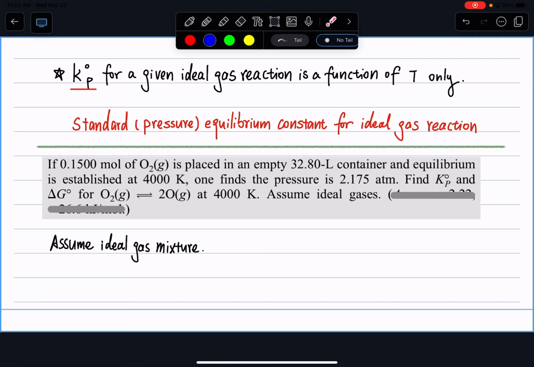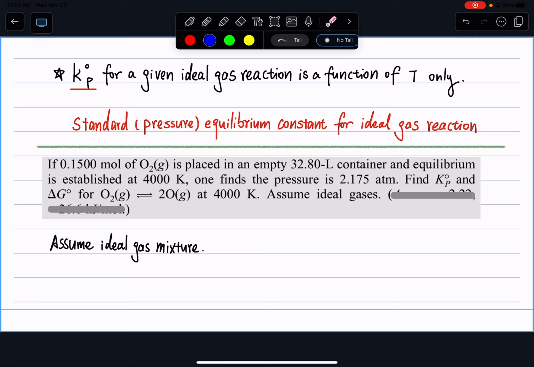And this total number of moles of gases at equilibrium is what we calculated here, which equals 0.2172 mole. So with this expression, we can calculate the extent of reaction.